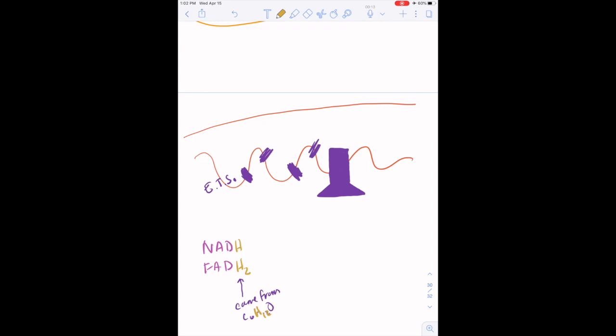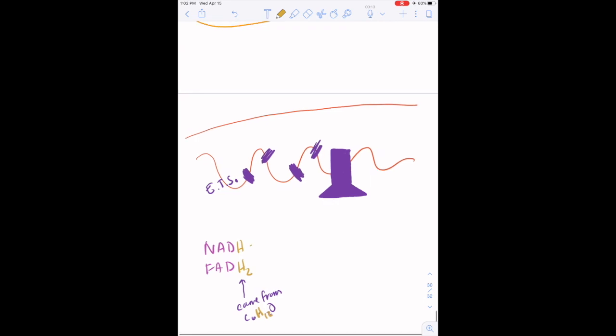Once in the mitochondria, NADH is like, here, take your hydrogen atom back. But it doesn't give the hydrogen in the form of a hydrogen atom. It gives it up in the form of electrons and protons. So actually, if we look at this right here, let's just focus on FADH2 for a second here.